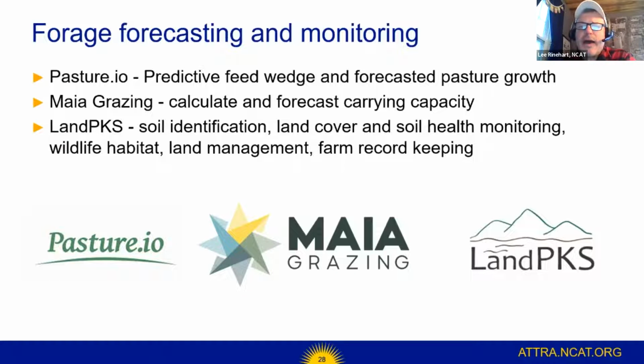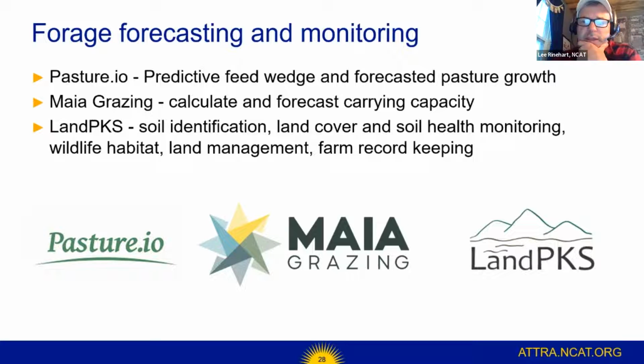It's really pretty powerful. I use it here on my place with my vegetable crops and such, and it's a lot of fun. It's a fun way to monitor my soil health and my land cover, especially cover crops and things like that.